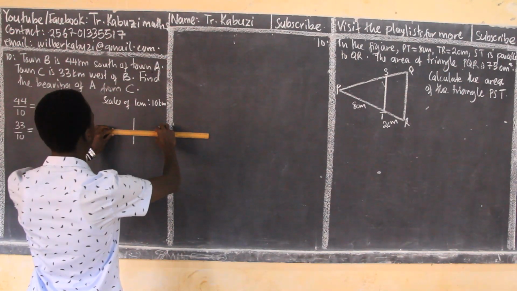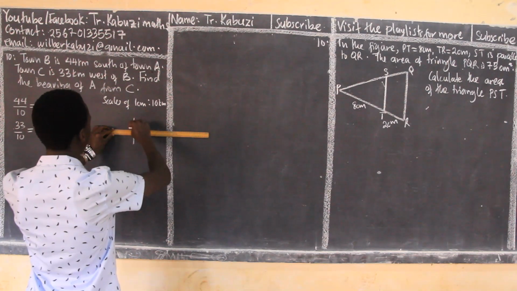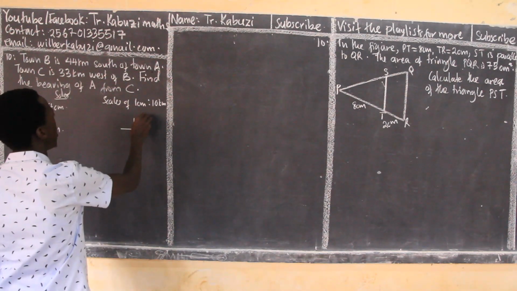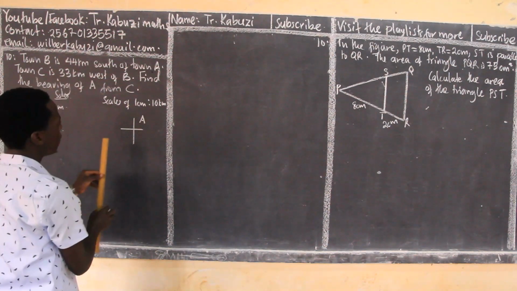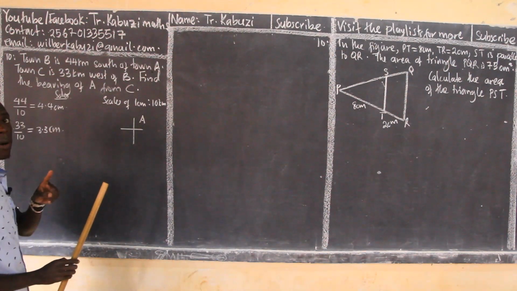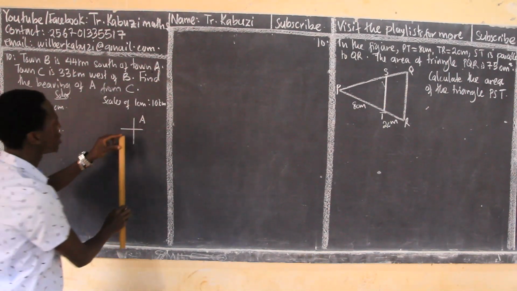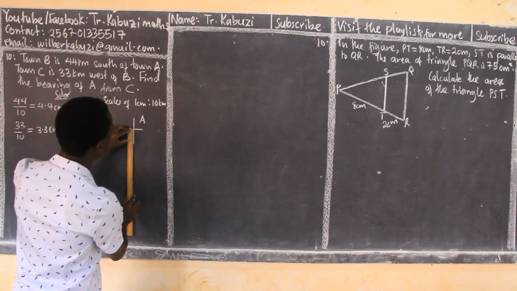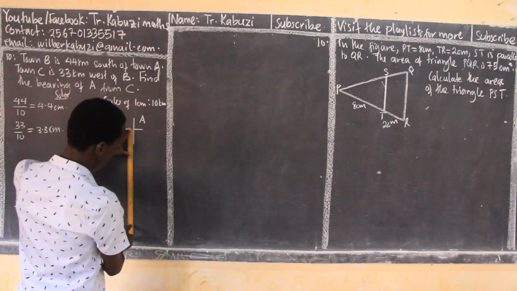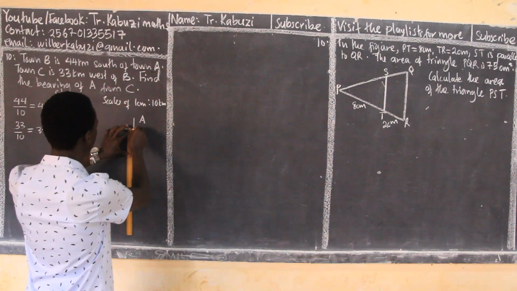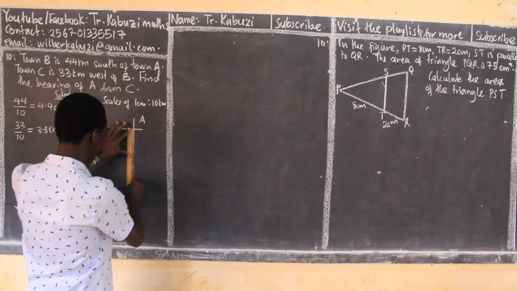This is my A. You can use either graph paper or a set square. This one is 44, which in our conversion is 4.4 centimeters. So now I measure my 4.4 centimeters, and my 4.4 centimeters are here.